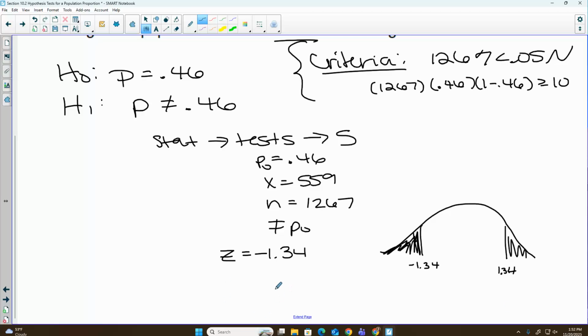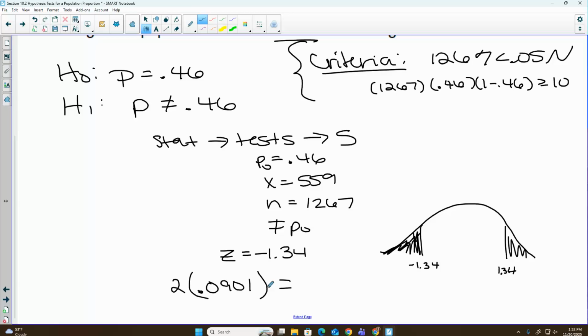If we look up that probability, less than -1.34, it tells me 0.0901. That's the probability being on this end. What's the probability of that end? It should be the same, shouldn't it? Because it's symmetric. So you could just take it times 2. So on the two-tailed, basically you look up your probability being less than that number and take it times 2.